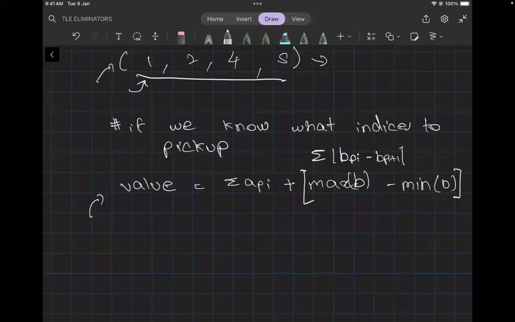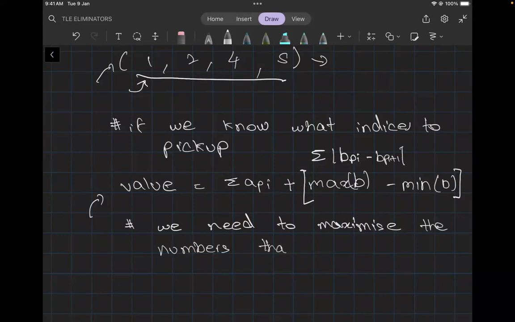Now, what are we asked? We are asked that we need to maximize the numbers that we take. Now you might think that, okay, I know this much, right?